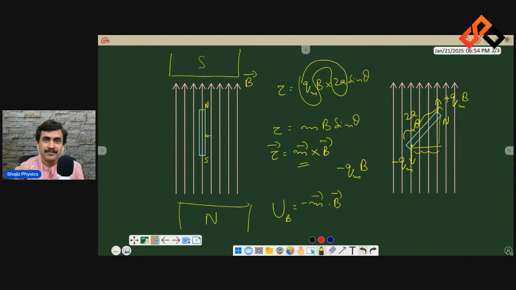My suggestion to each plus two student is to try to identify these kinds of patterns appearing in many topics in physics. This will help you to solve many problems coming in both board exams and entrance exams. This kind of clarity will help you to minimize the load of learning.